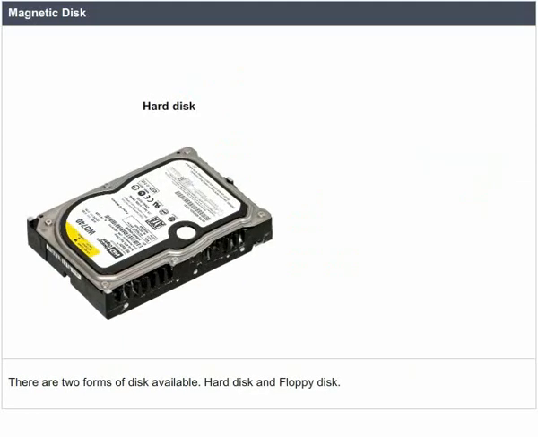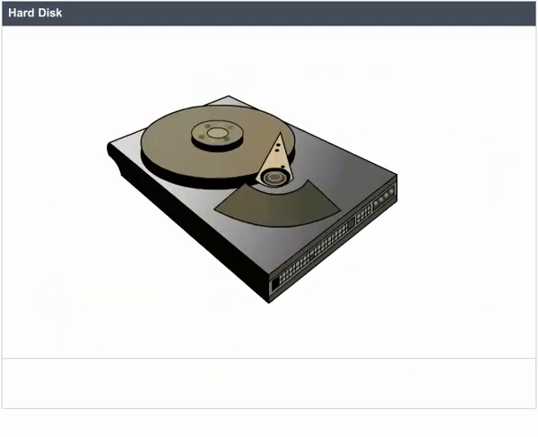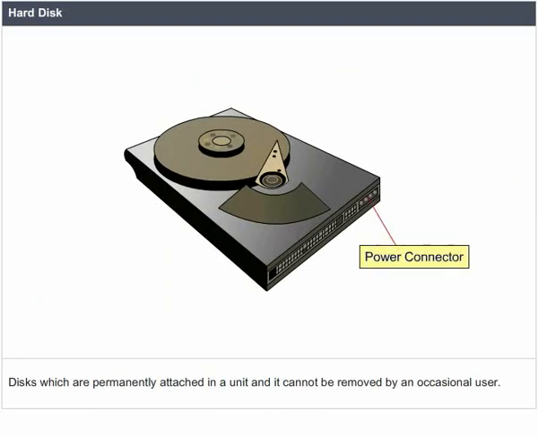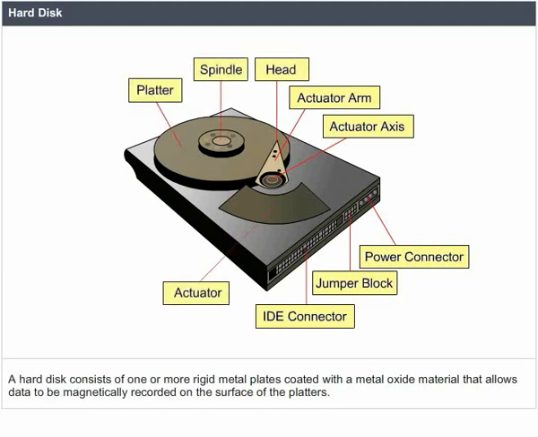There are two forms of disks available: hard disk and floppy disk. Hard disk: disks which are permanently attached in a unit and cannot be removed by an occasional user. A hard disk consists of one or more rigid metal plates coated with a metal oxide material that allows data to be magnetically recorded on the surface of the plates.